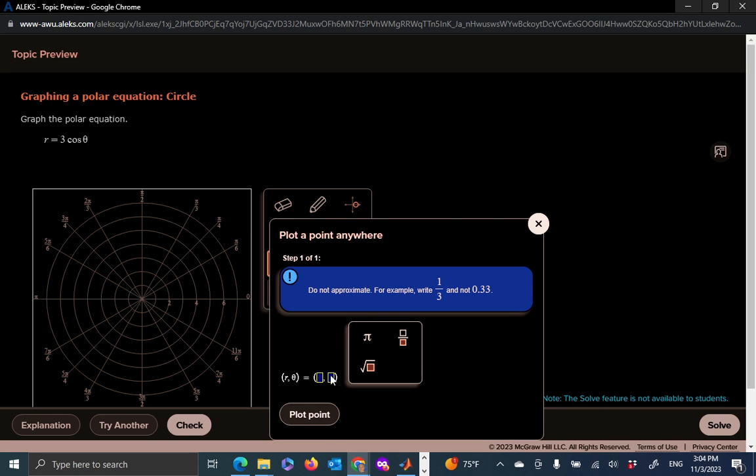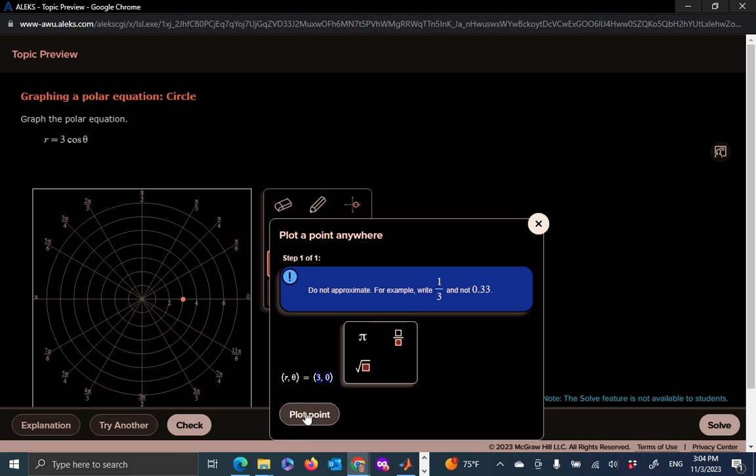If theta is equal to 0, cosine of 0 we know is 1, and 3 times that becomes 3. So this is the point (3, 0), and as we expected, it shows up here.